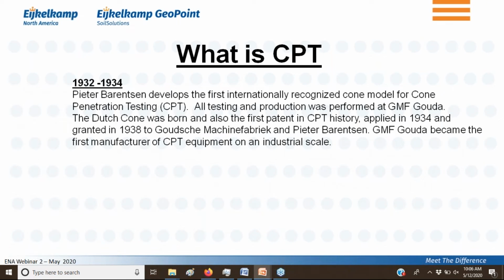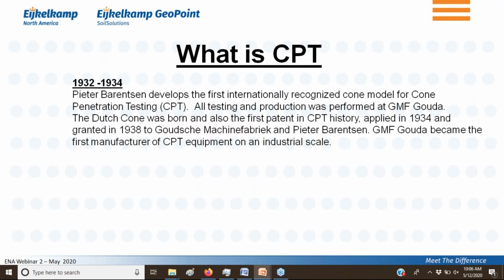A little bit about the history. Back in the 1930s, Peter Barentsen in the Netherlands developed the cone as part of a project for the Dutch railroads. They were looking at soil characterization and the bearing capacity of soil, and had to come up with a new method, and they came up with the cone penetration test.